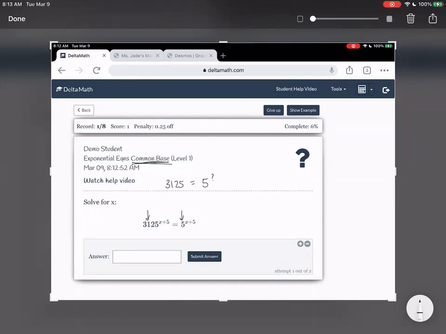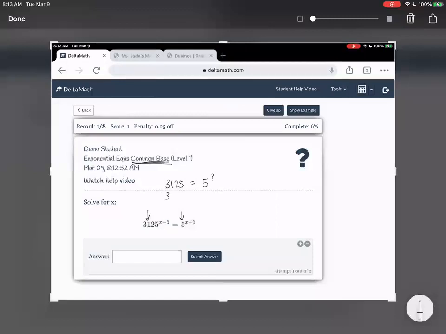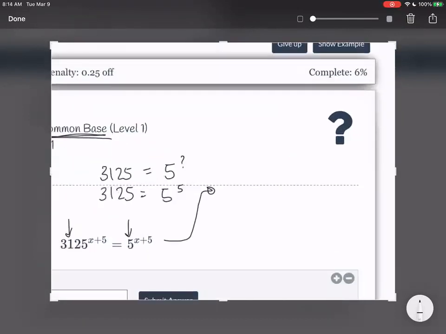So I'm going to pause my recording so I can use my calculator to figure out 5 to the power of what is 3,125. So we just found out that 3,125 is 5 to the power of 5. Literally just using a calculator to figure that out. So 5 times itself 5 times is 3,125. So let's rewrite this equation that we have over here.